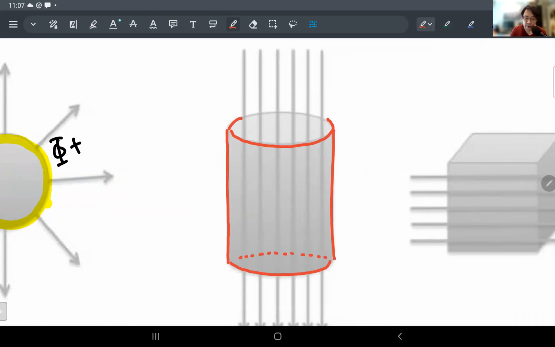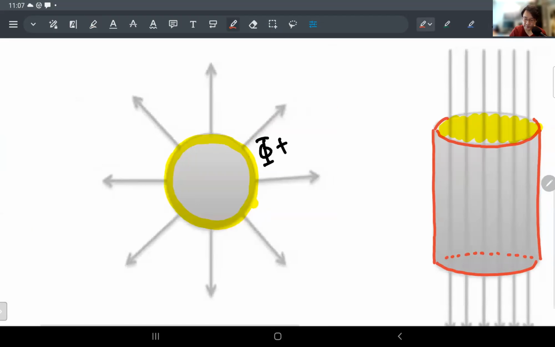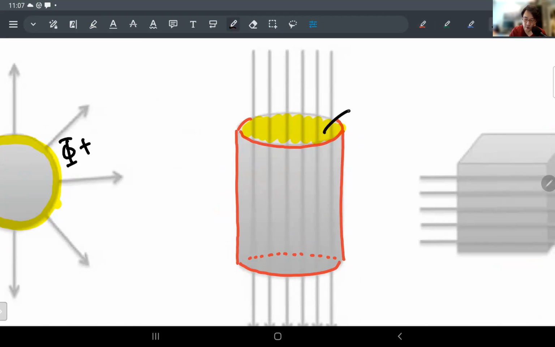So imagine what is going on at the top part. The electric field seems to be piercing in. It's trying to enter the enclosed volume. So on this surface alone, this will give you a negative flux, just on this one.